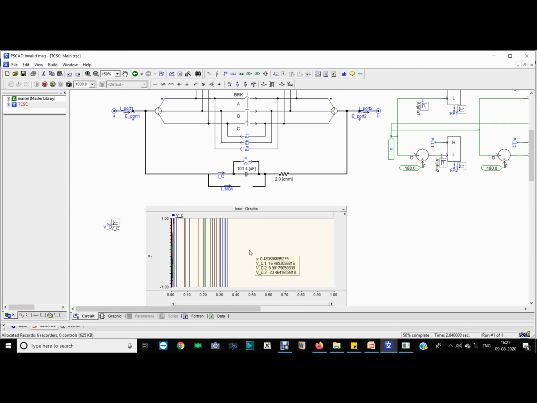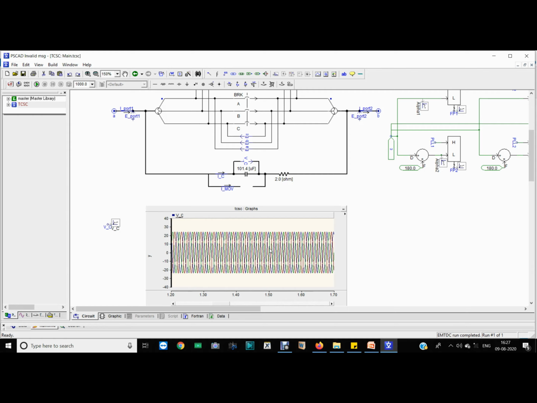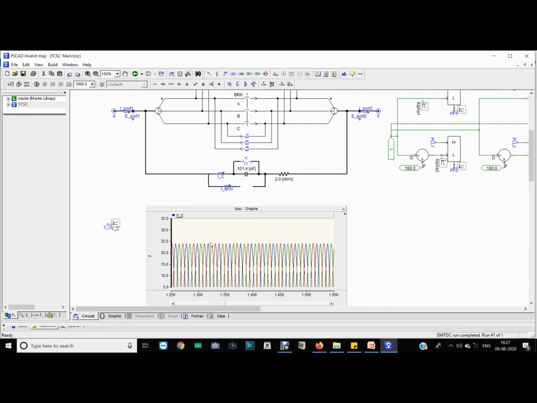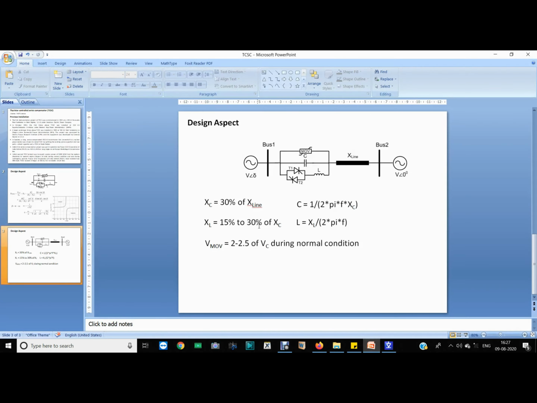So this is nothing but a 3 phase. So this is almost 25 kV you can see from this plot. Okay, 24, we take 25. So this VC will be 25, so VMOV will be 2 into 25.